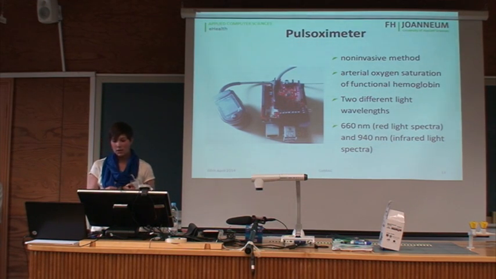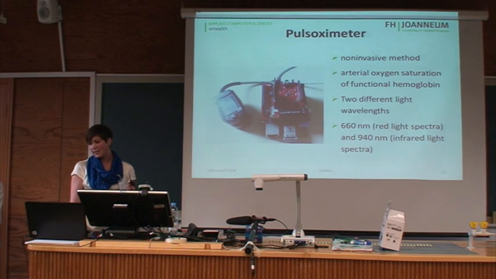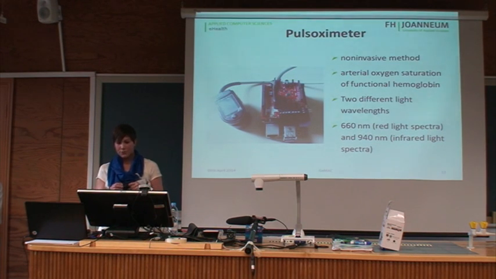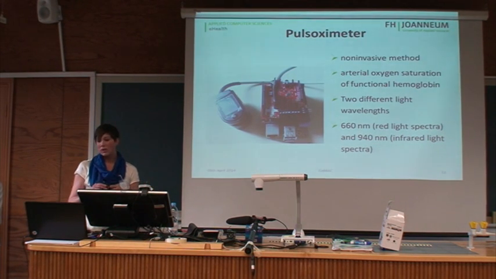We have 2 light wavelengths: 660 nanometer, that's the red light spectrum, and 940 nanometer is the infrared light spectrum. It depends on what is absorbed of the light, and the difference is shown as the data.